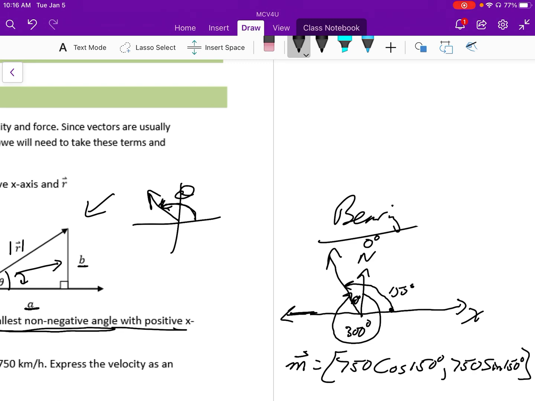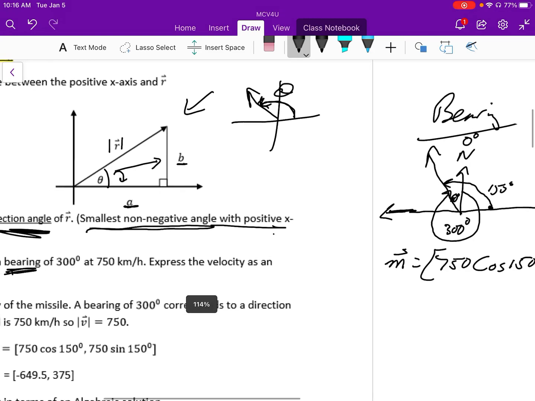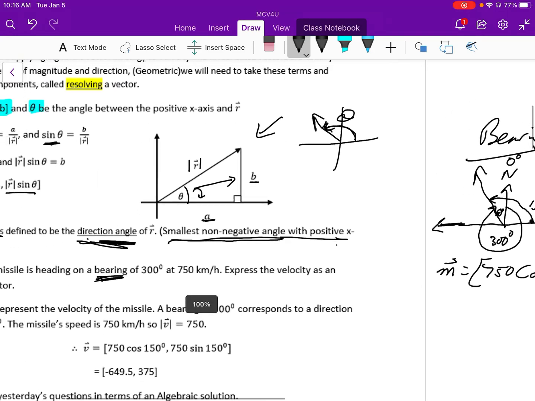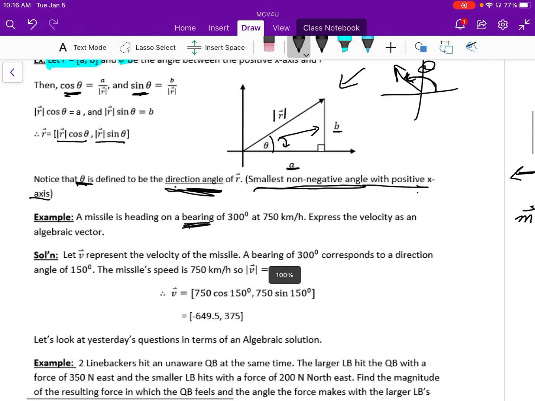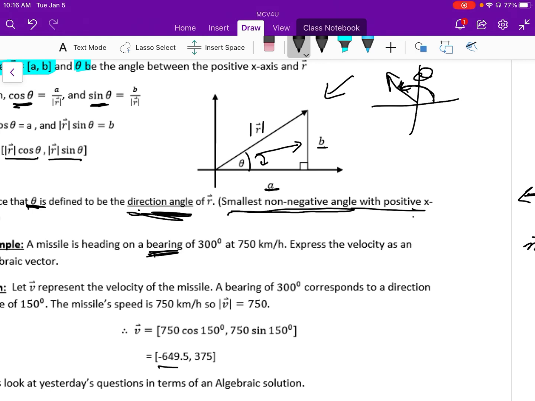Now, you calculate that out, and there's our velocity right there. Automatically, the x component is negative and the y component is positive, so you can see it's in the second quadrant right away.